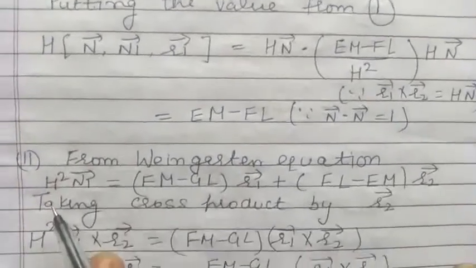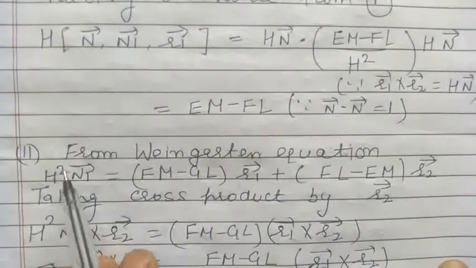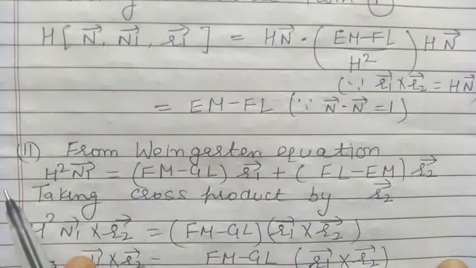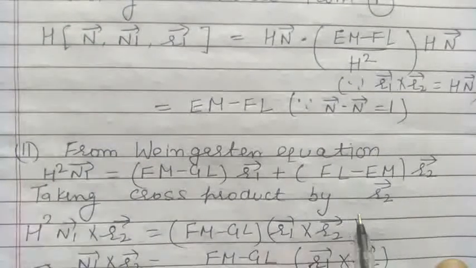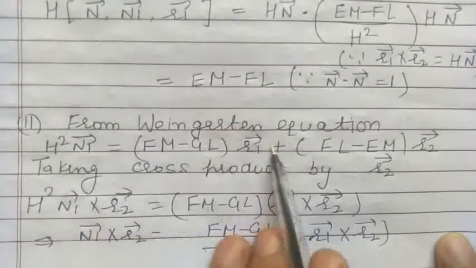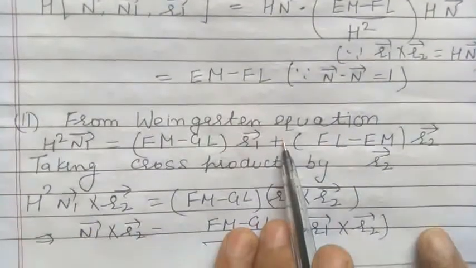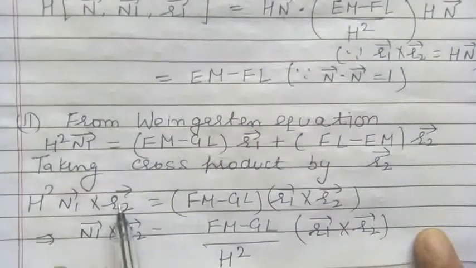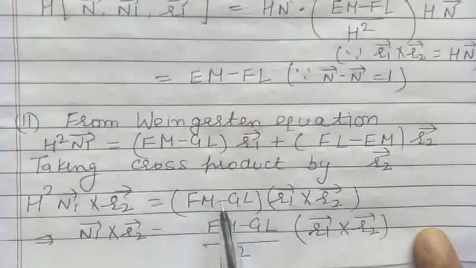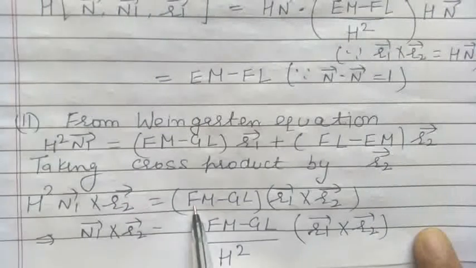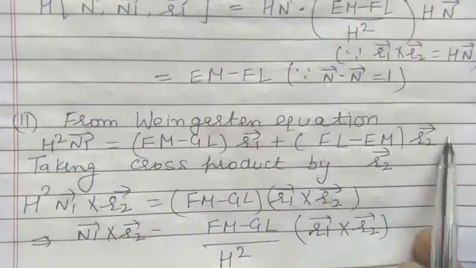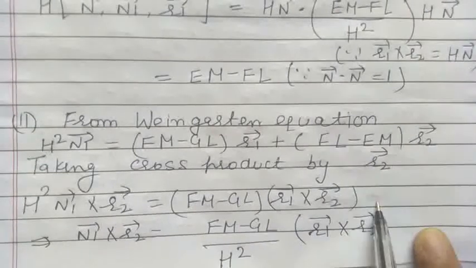Now to prove the second part, again we will use the same Weingarten equation, and now we will take the cross product by the vector r2. On the left hand side we get h square n1 cross r2. On the right hand side we get fm minus gl into r1 cross r2, and the other term will contain r2 cross r2, so that will vanish.